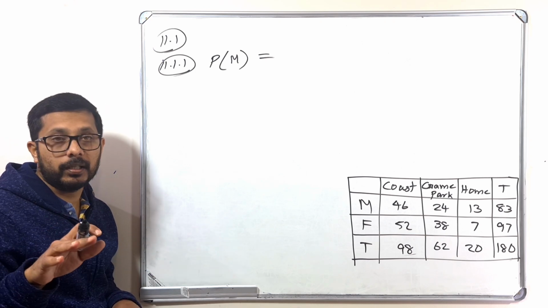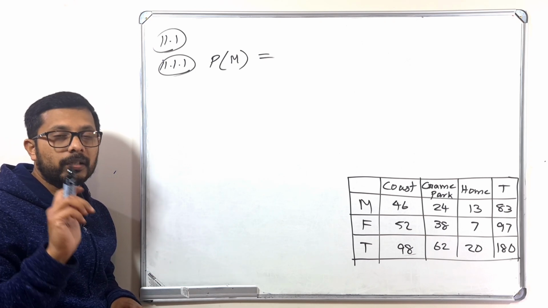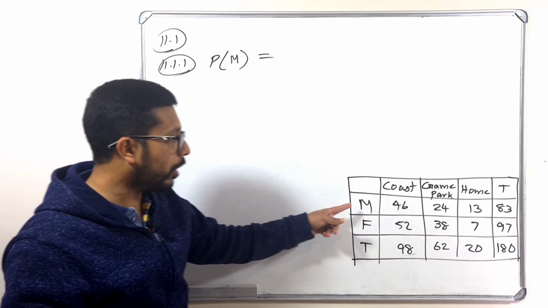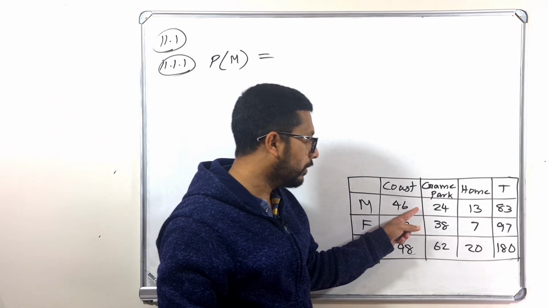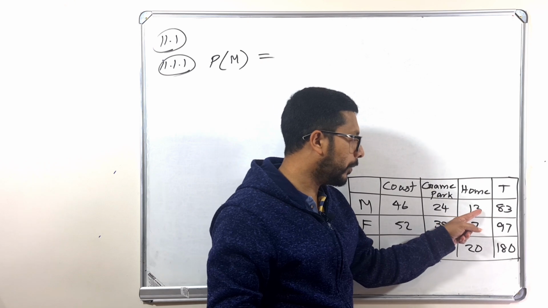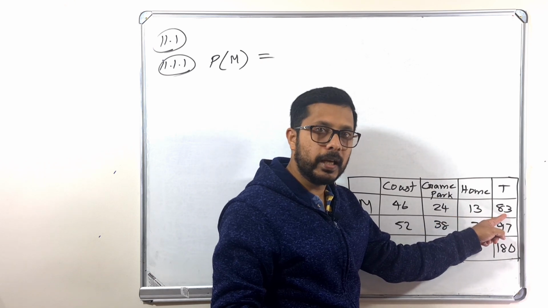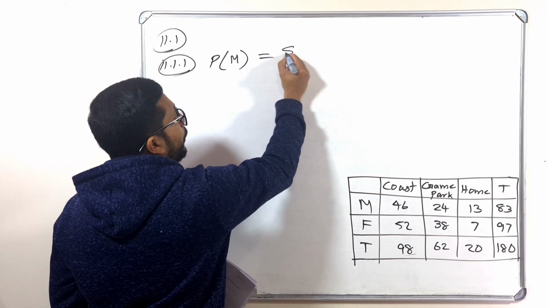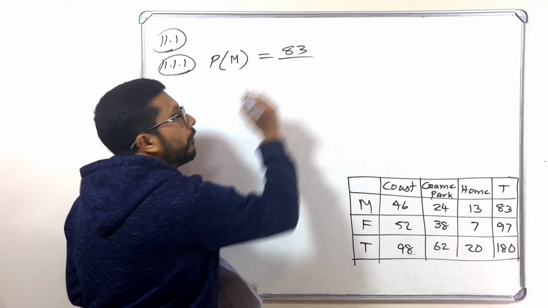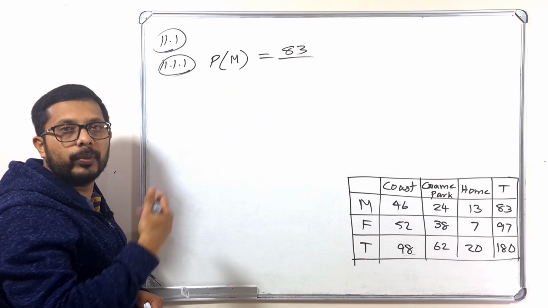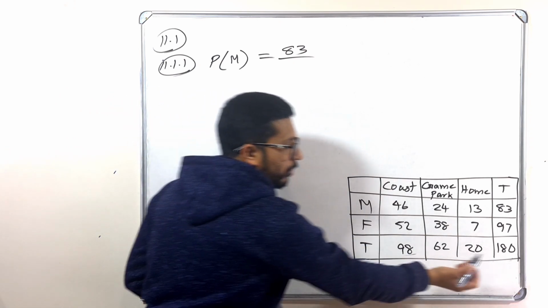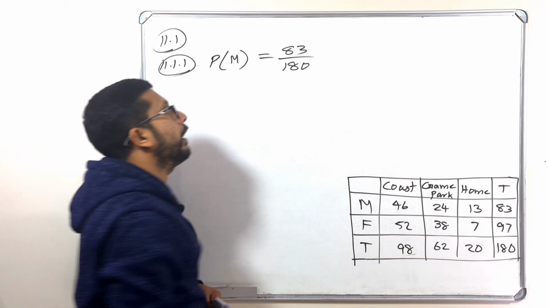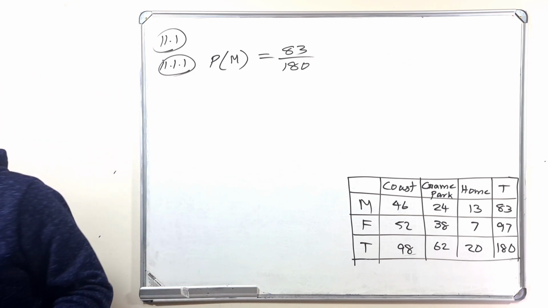Only one condition, that one must be a male. So in total how many males are there? Don't think of anything about these other numbers. Total how many males? 83. That means the probability of being a male is 83 divided by the overall total, which is 180. So the probability is 83 by 180.